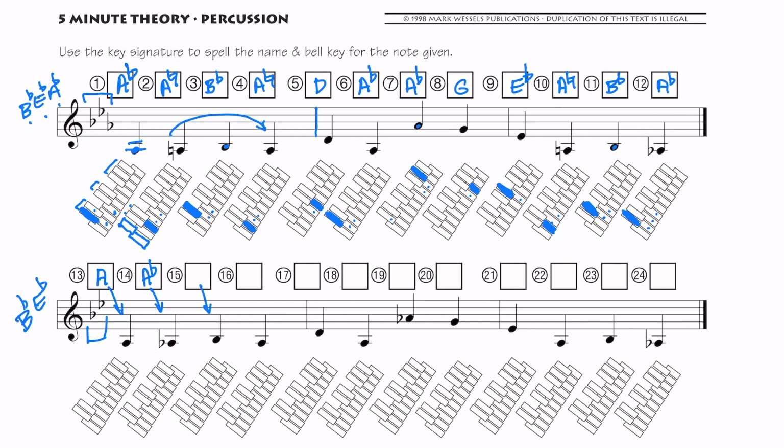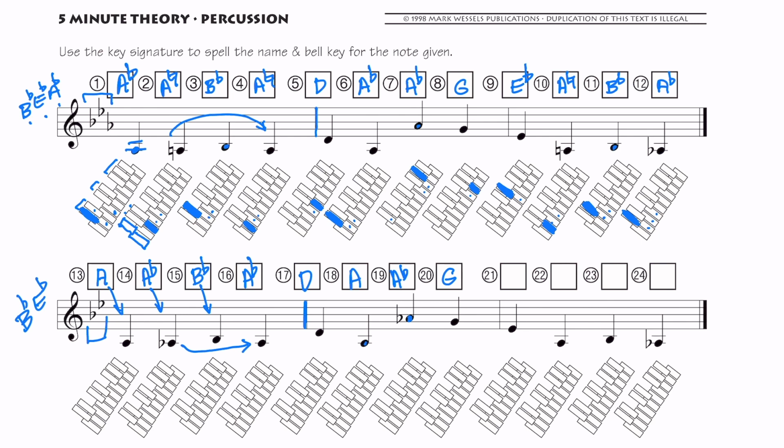And then this one is B, in the key signature is B flat. And then this one is A. Now we are in a measure here, so this flat will carry over to that note. So this is A flat. D, here's an A. In the key signature, it's just an A. Here's an A flat.